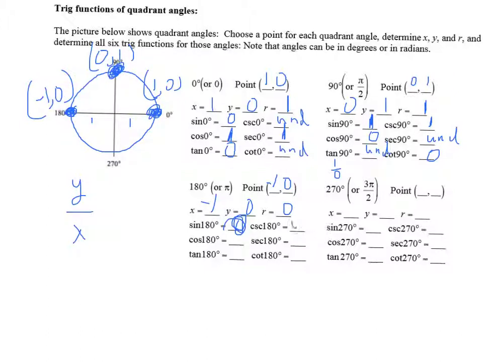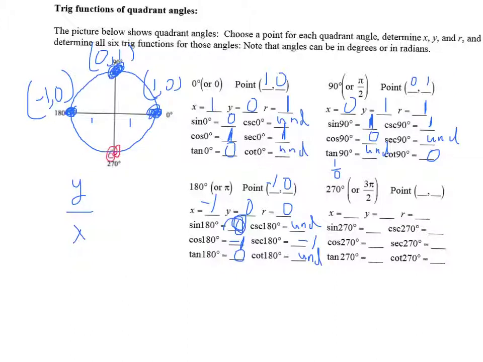The reciprocal of that is undefined, because I can't divide by 0. Cosine is x, which is negative 1. The reciprocal of that is also negative 1. Tangent is y over x, opposite over adjacent, so that's 0. And the cotangent will be the reciprocal of that, which is undefined.